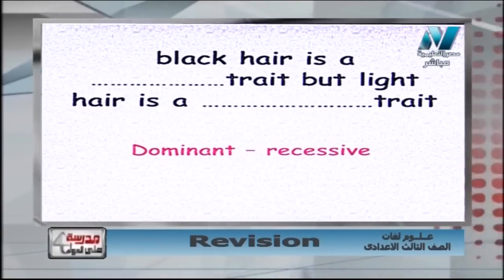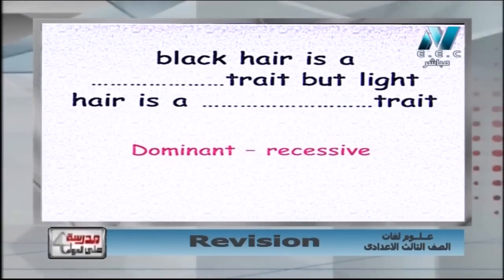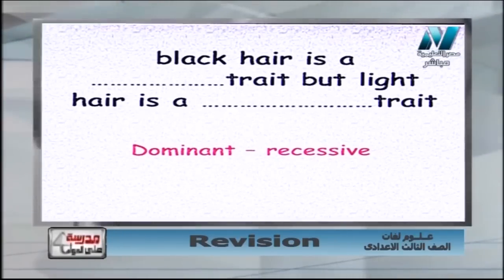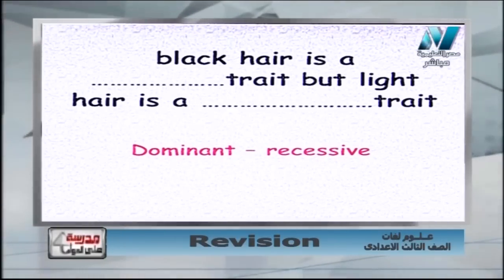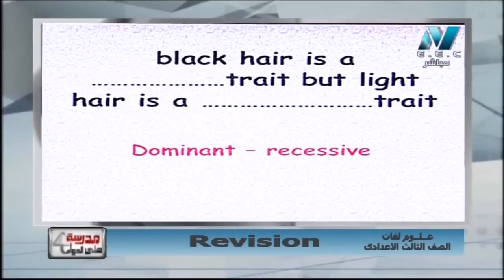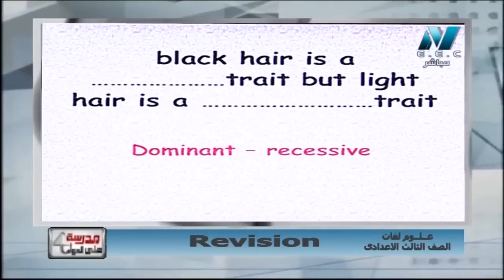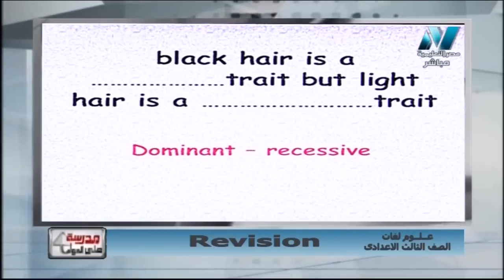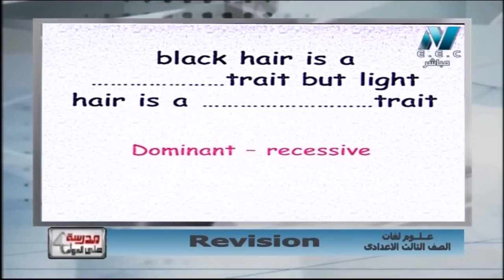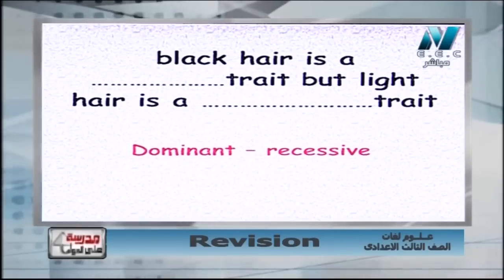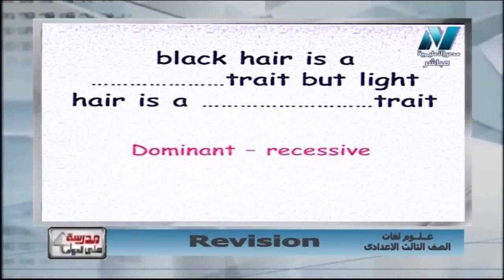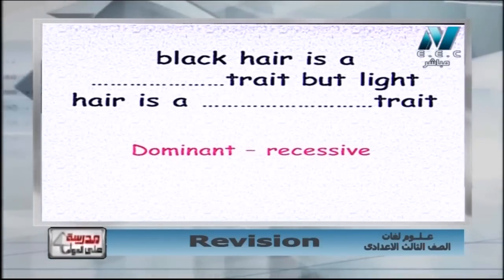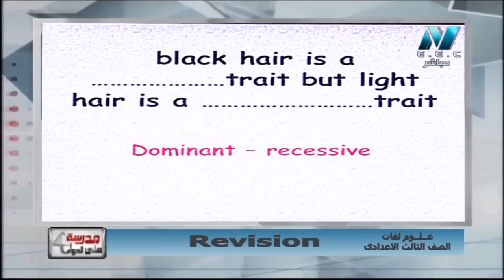We have many traits in man and also in plants and all living organisms, some dominant and the others recessive. We must be careful: there are traits we call dominant and other traits we call recessive. The dominant trait appears in the whole first generation, a strong trait, while the recessive trait appears in the second generation only, in a ratio of 1 to 3, or 1 of 4. Okay? Black hair is a dominant trait but light hair is a recessive trait.